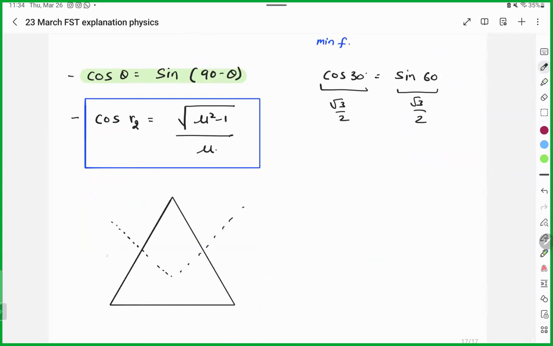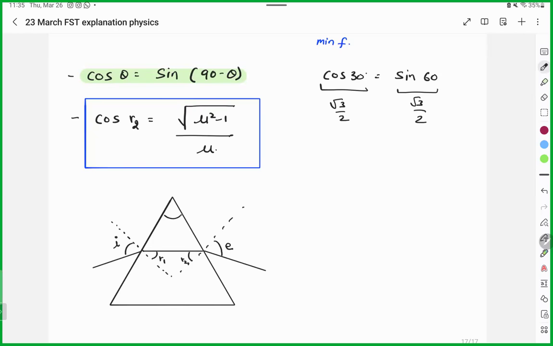If light falls on this surface like this, whatever angle you take with the prism is known as the incident angle. Then it moves almost flat to this. Then this is R1, this angle will be R2. And then ultimately it will come out of the surface, and that will be the emergent angle.